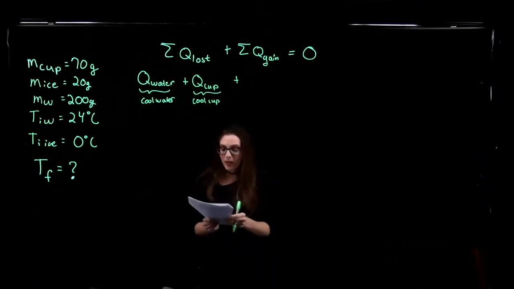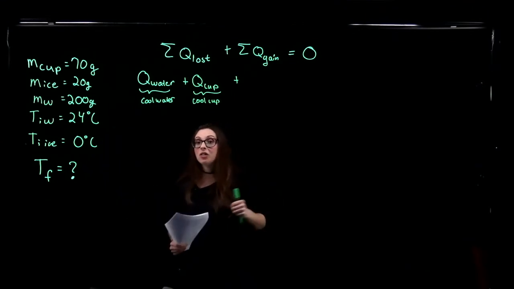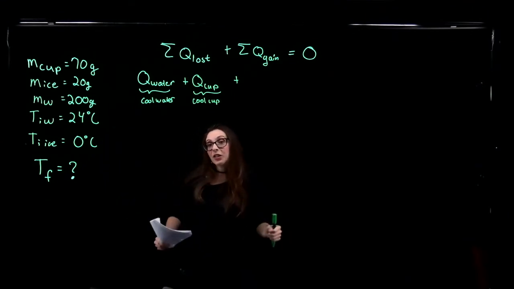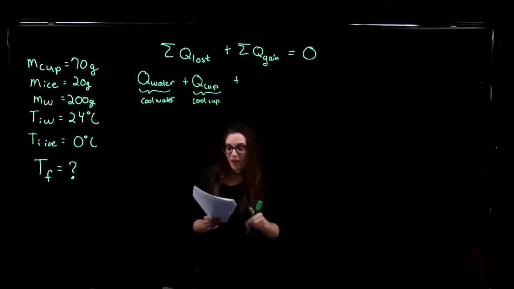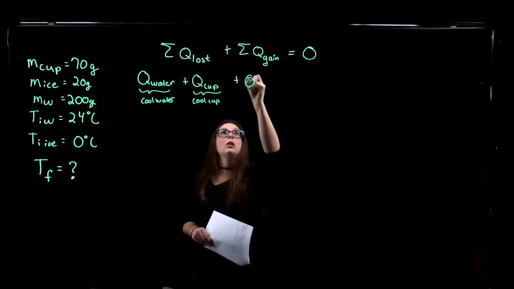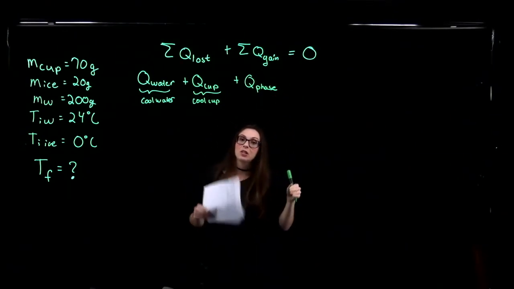And then we have the energy required to change the phase of that ice cube from a solid to a liquid. I'm going to call that Q phase, to change our phase from ice to liquid.